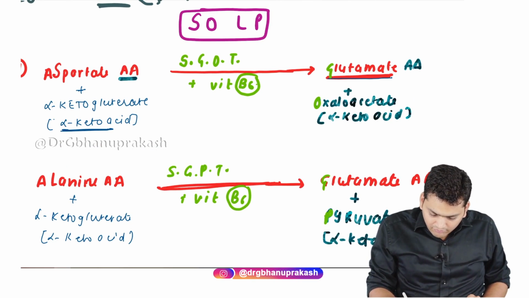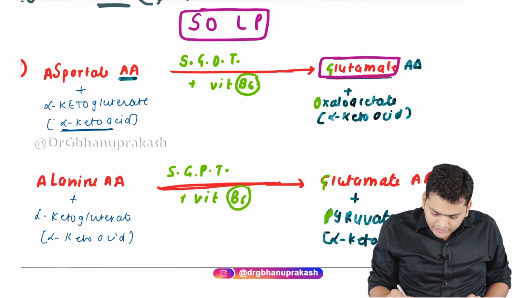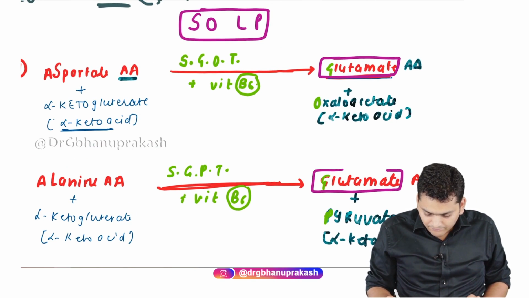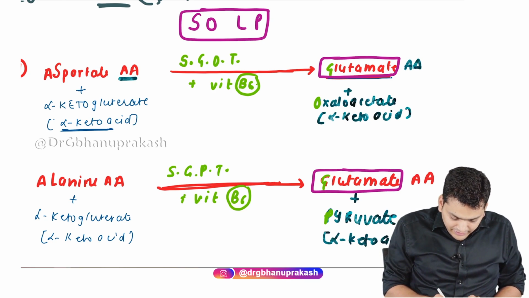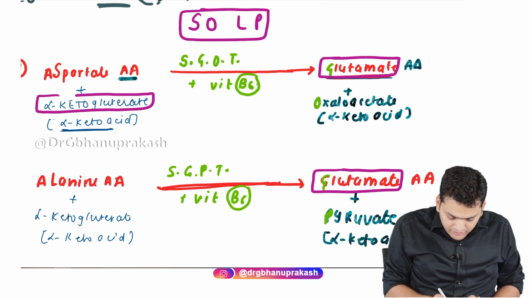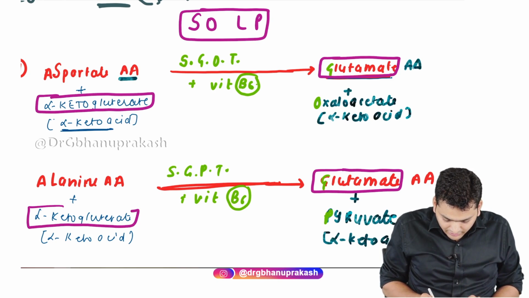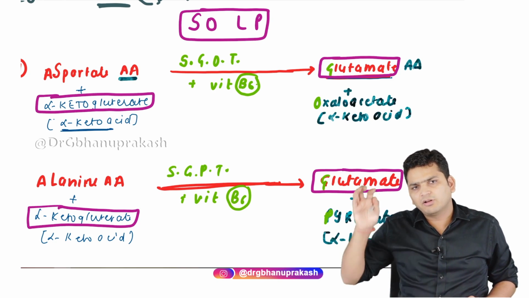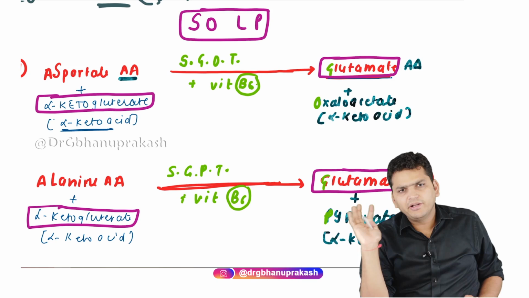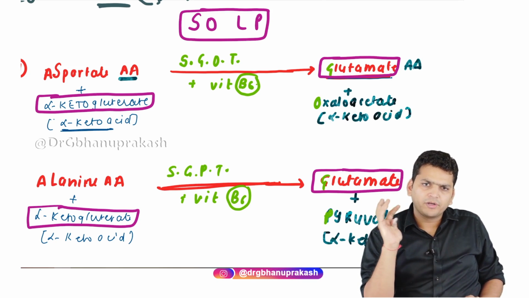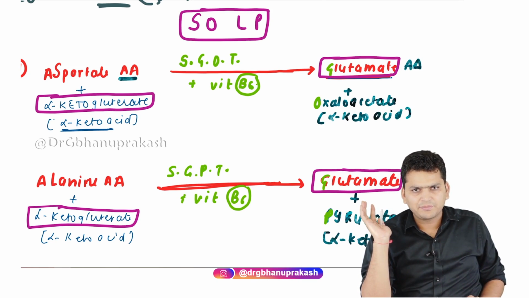As you know, the glutamate is going to come in all the reactions. The product is fixed, glutamate. Even the co-substrate is also fixed, that is alpha ketoglutarate. It is going to come in all the reactions of transamination. So there is no point in remembering that the glutamate is going to be the product in every transamination. Even the alpha ketoglutarate is going to come in all the co-substrate part.